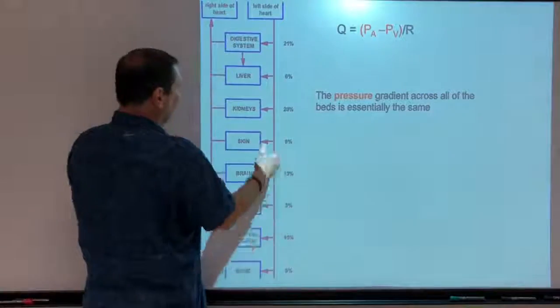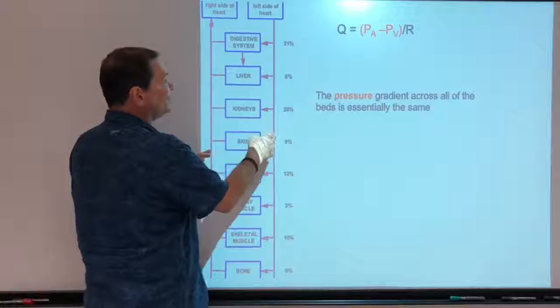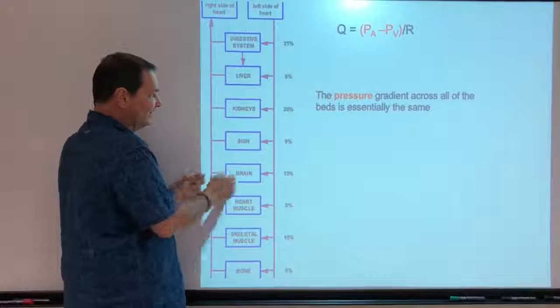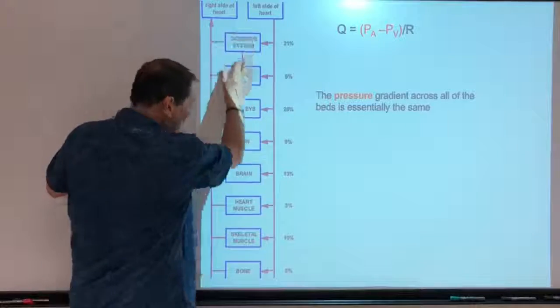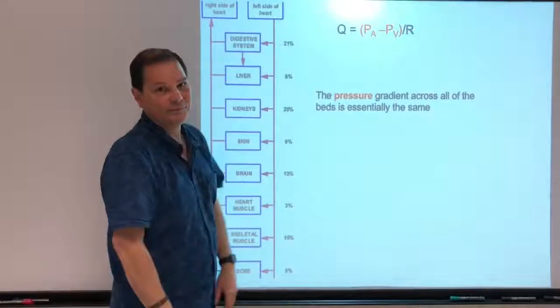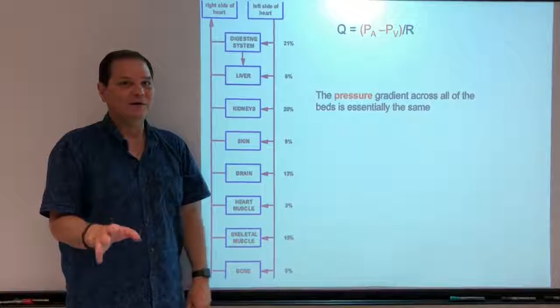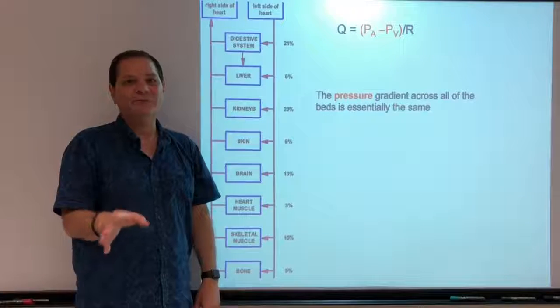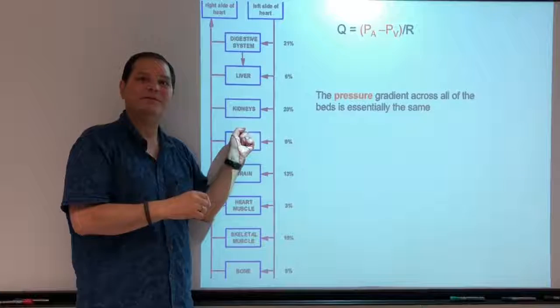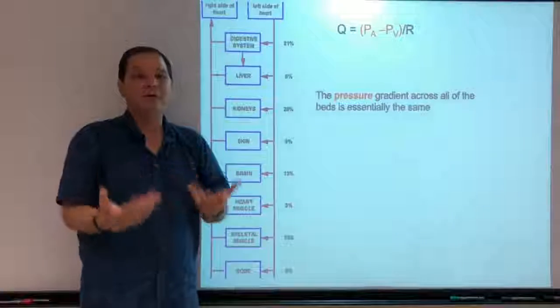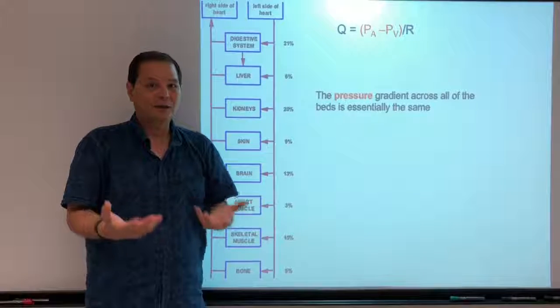At the beginning of each of these beds, you're pretty much at the mean arterial pressure, and at the end you're at the venous pressure. If the mean arterial pressure drops, you drop the perfusion of everything. Okay? So your body knows that. It's smart enough to know that without maintenance of mean arterial pressure, nothing happens here. And so your body is tuned to keep that mean arterial pressure high at a normal level.